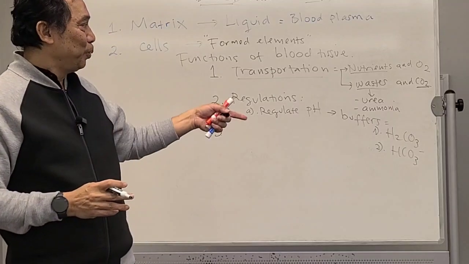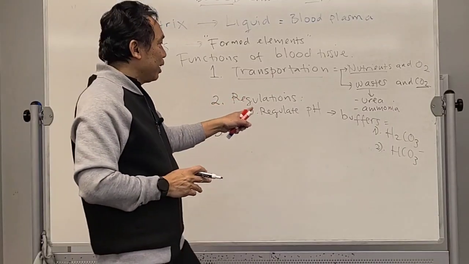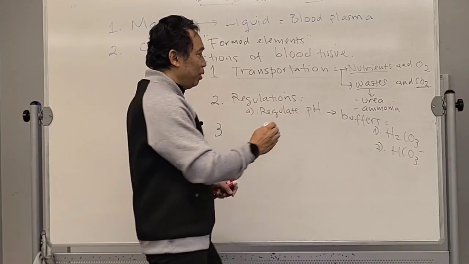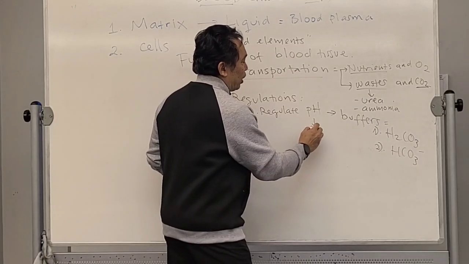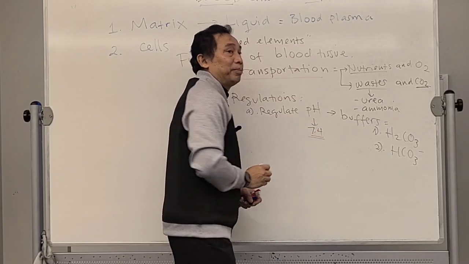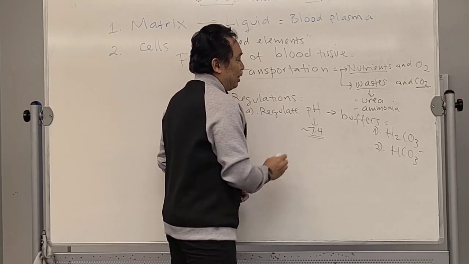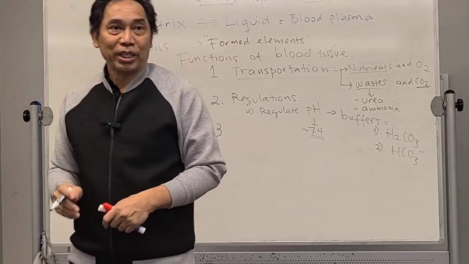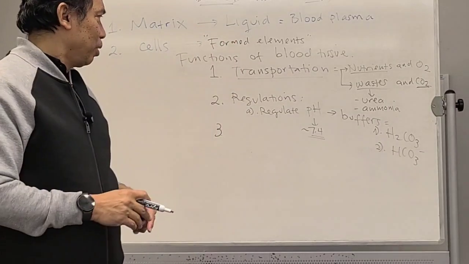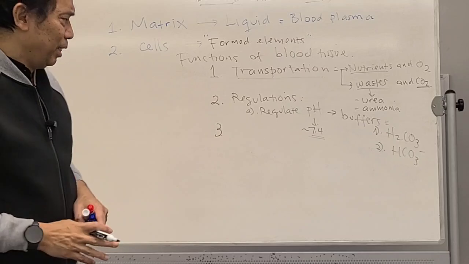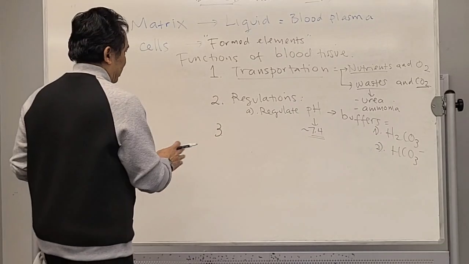So these two buffers will regulate the pH of the blood around 7.4. So this is the homeostasis for the blood pH, around 7.4. A little bit basic.